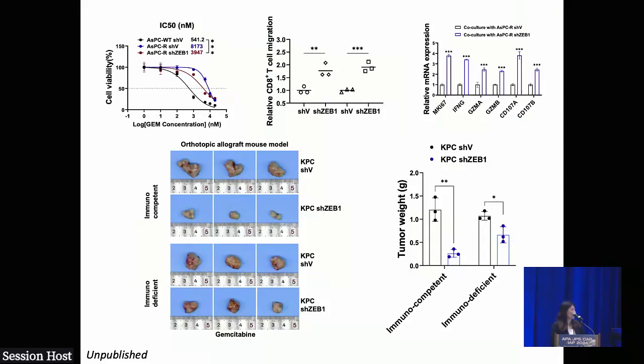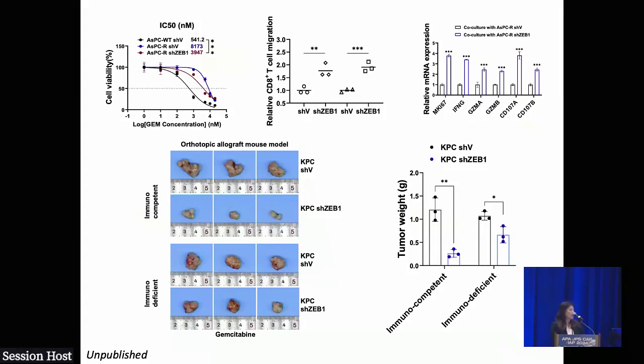And next, we knocked down ZEP1, and we found it decreased the IC50 for gemcitabine and increased the recruitment of CD8 T cells and activated the CD8 T cells, with a higher population of interferon, GZMA and GZMB, which are the activation markers for CD8 T cell.